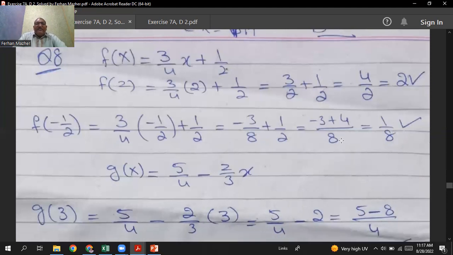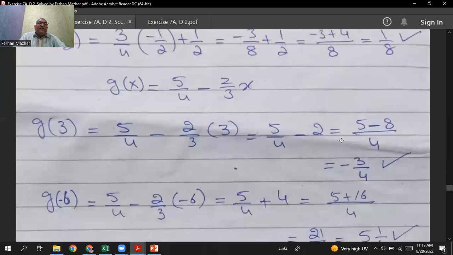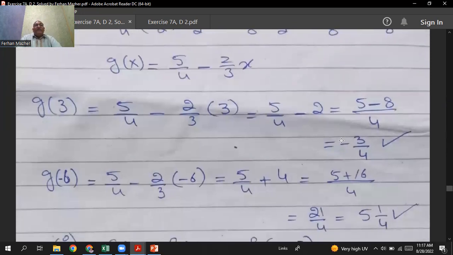Now the next thing is g of x is given. g of x is 5 by 4 minus 2 by 3 into x. So g of 3 is the question. So g of 3 will be 5 by 4 minus 2 into 3, and that will be 5 by 4 minus 2. 4 will be the LCM, 5 minus 8, and that will be minus 3 by 4.